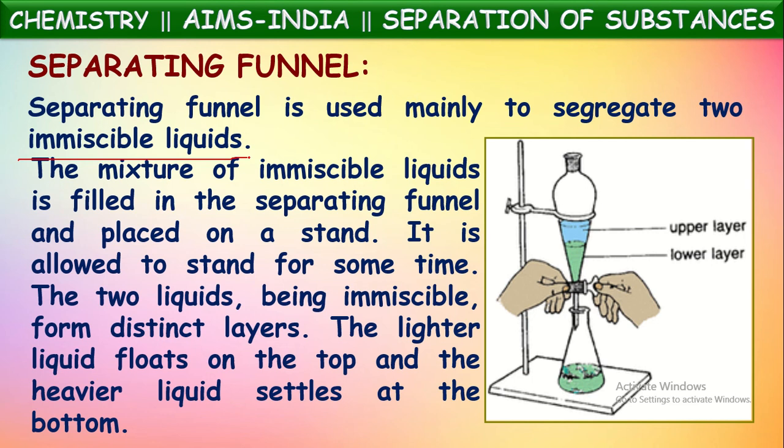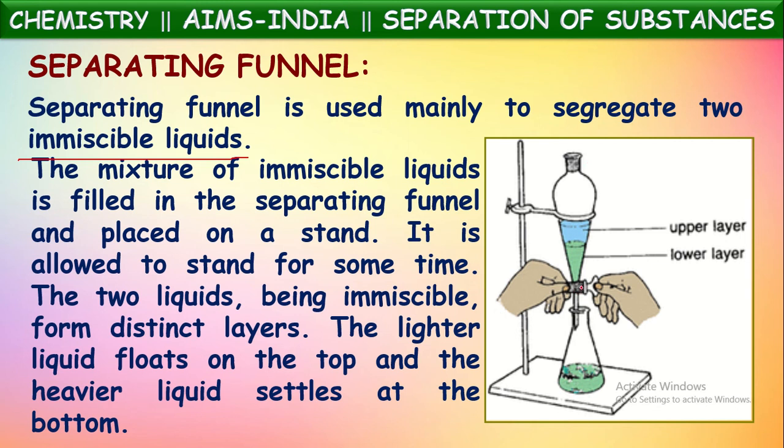A mixture of immiscible liquids can be separated by using a specially designed container called a separating funnel. See, in the diagram it is shown. This vessel is called a separating funnel. Okay, it is like a lying conical cylinder which has a tap at its edge.